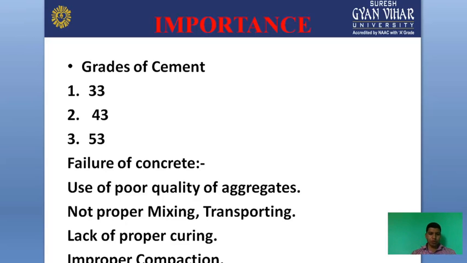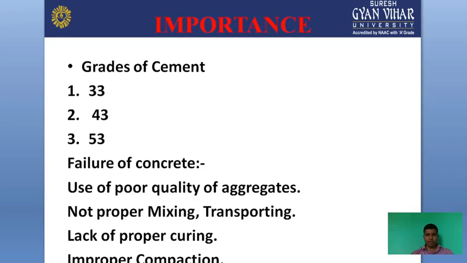The 43 grade, like Portland cement, we use in our concrete structures, and 53 is used in big structures like bridges, apartments and dams. These are the grades of cement which are used in our concrete structures.